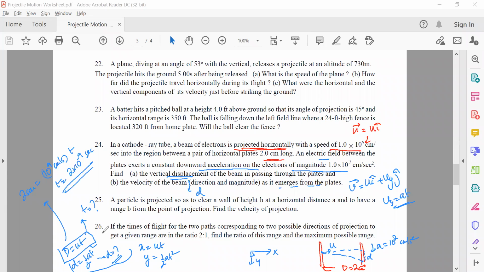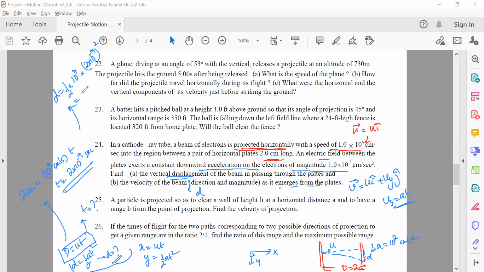So in 2 nanoseconds, how much is the vertical displacement? It will be half into the vertical component of acceleration, which is 10 raised to power 7 centimeters per second square, into 2 nanoseconds squared, which is a very small displacement.